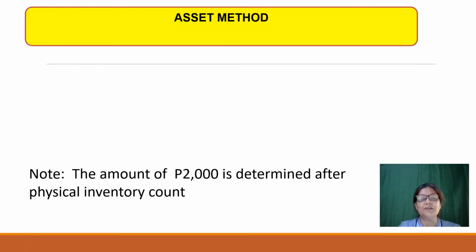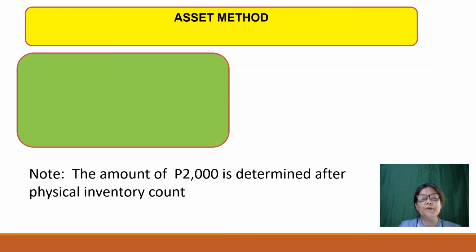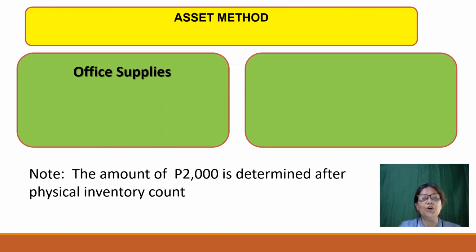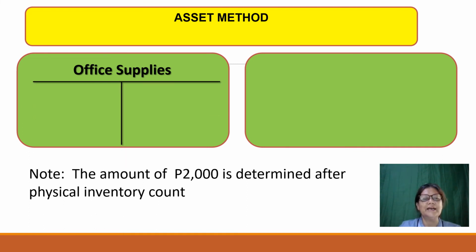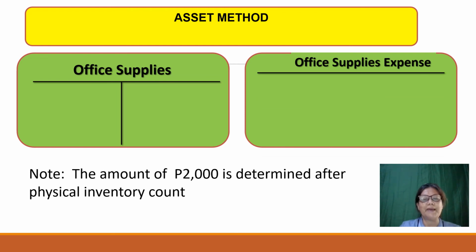Under the asset method, of course, we have to make two accounts: office supplies and office supplies expense. Now, remember that on February 19, we have a debit balance of 6,000 pesos.